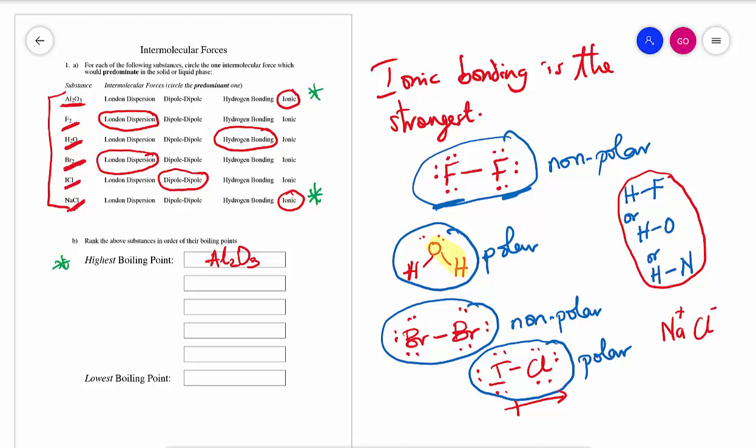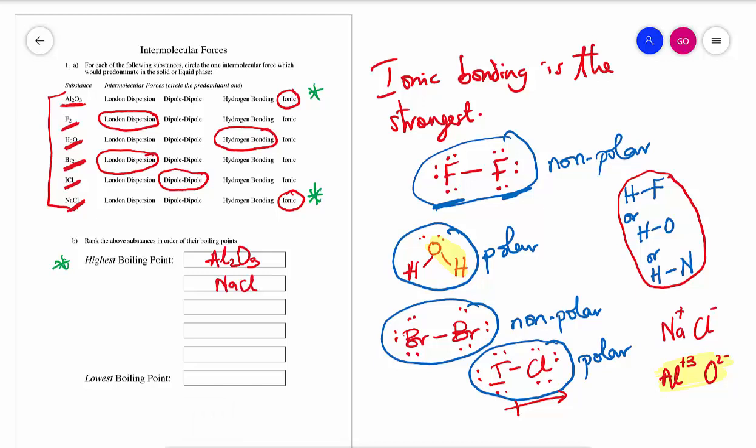But for Al2O3, we have a compound that has +3 charge on aluminum and -2 charge on oxygen. +3 -2 interaction will be a lot stronger than +1 -1 interaction. That is, the intramolecular interaction in Al2O3 will be stronger, and that means it will have the higher boiling point. So sodium chloride will be the next.